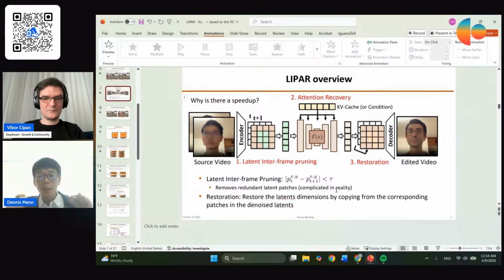So you need to add an additional mechanism to detect whether the camera motion is changing. And you can actually integrate it with the original LIPAR detection threshold. But we found that by directly detecting human, you get a much higher speed up and more accurate location of the human.